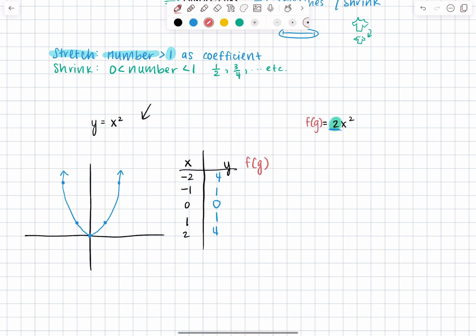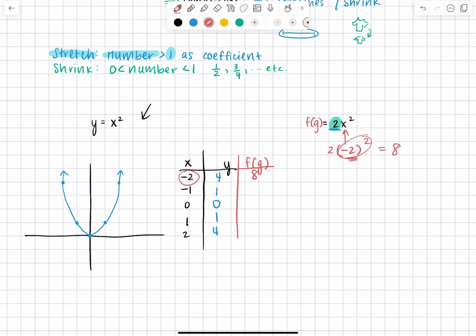Function g, don't worry about that. That's just the name of the function. It's just like y. So when you plug in -2 for your x value, 2 times -2 squared, we get -2 times -2 is 4. 4 times 2 is 8.